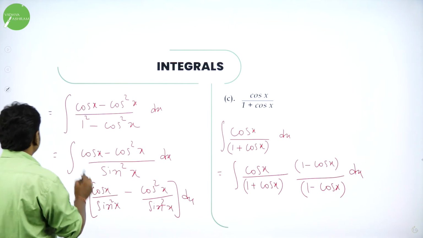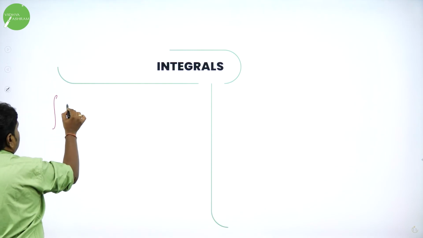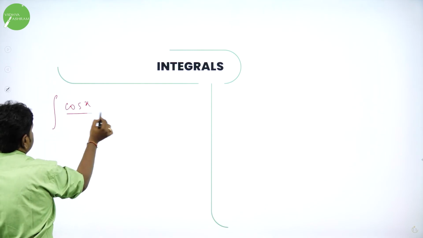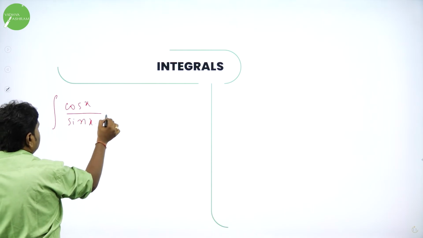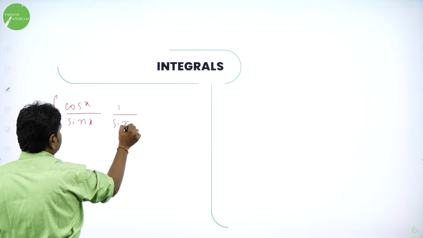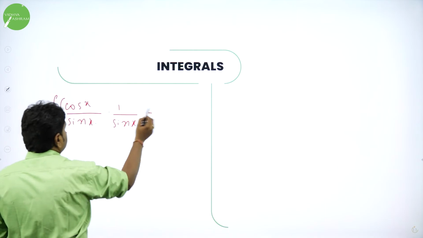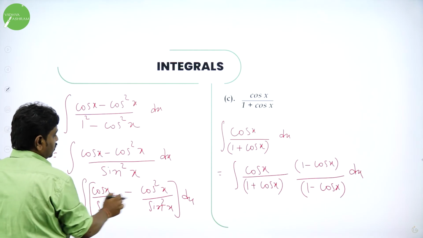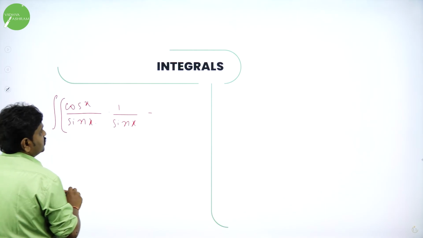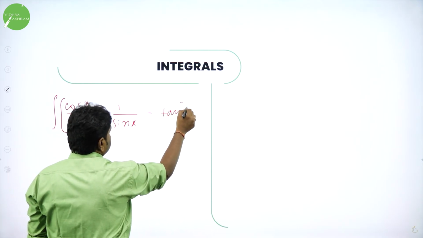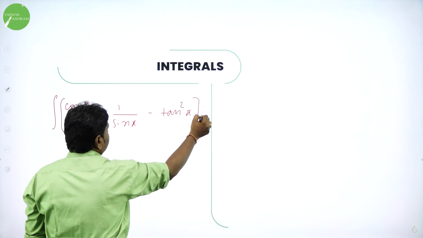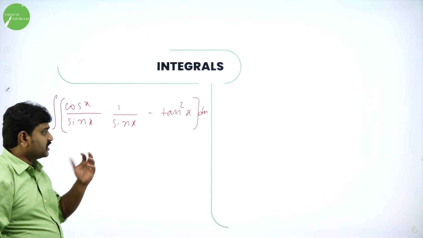Now cos x by sin square x can be written as 1 by sin x into cos x by sin x, minus, we are left with cos square by sin square. What is cos square by sin square? Tan square x, dx.